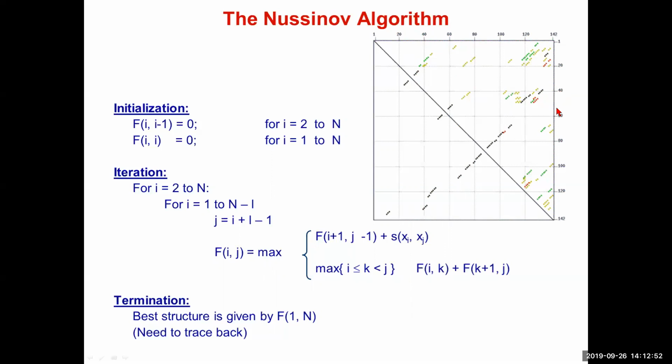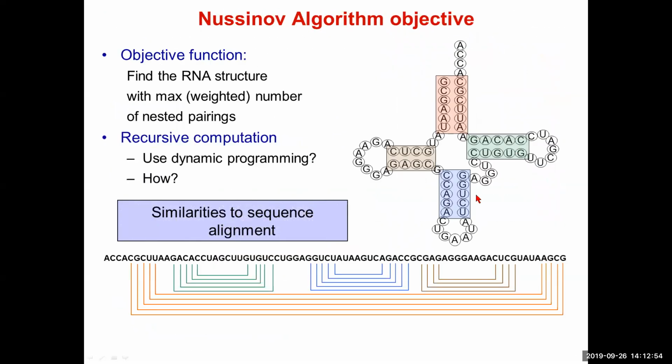And part two is that RNA folds actually have these bifurcations. Within this set of parentheses, I can start another one and close it. I can start another one and close it. I can start another one and close it. In other words, I can actually have this nested structure where I'm in the middle of a fold, and then I create another fold in the middle of that, and I create another fold in the middle of that.